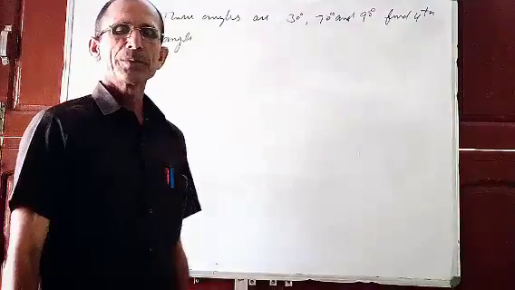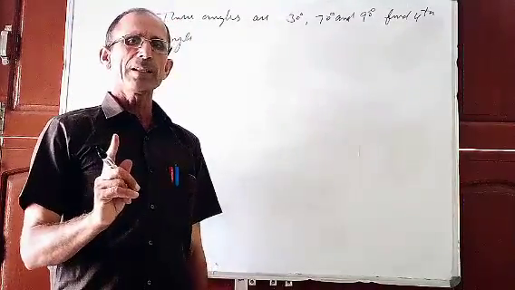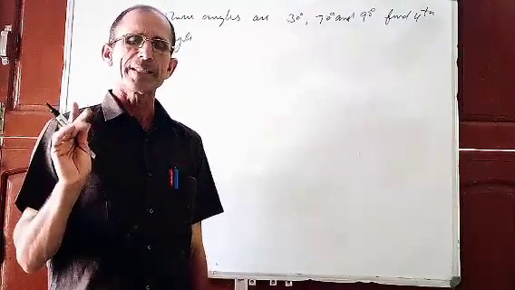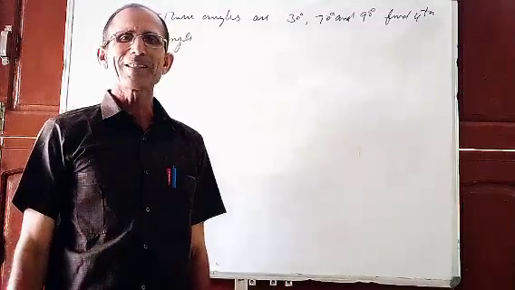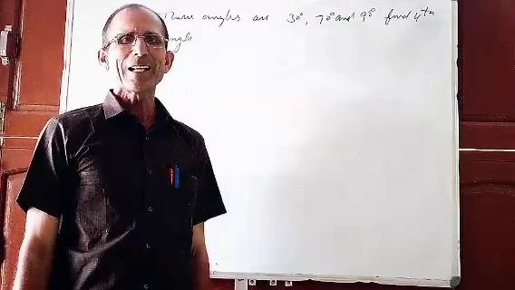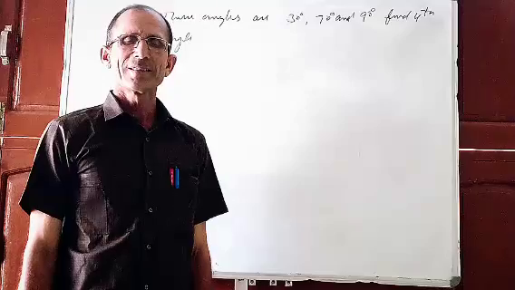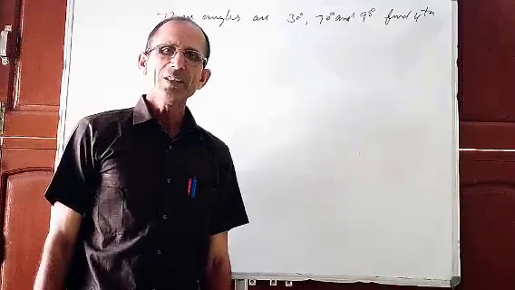Very simple, because the sum of the angles of a quadrilateral is 360. A quadrilateral has how many angles? A quadrilateral has four angles.